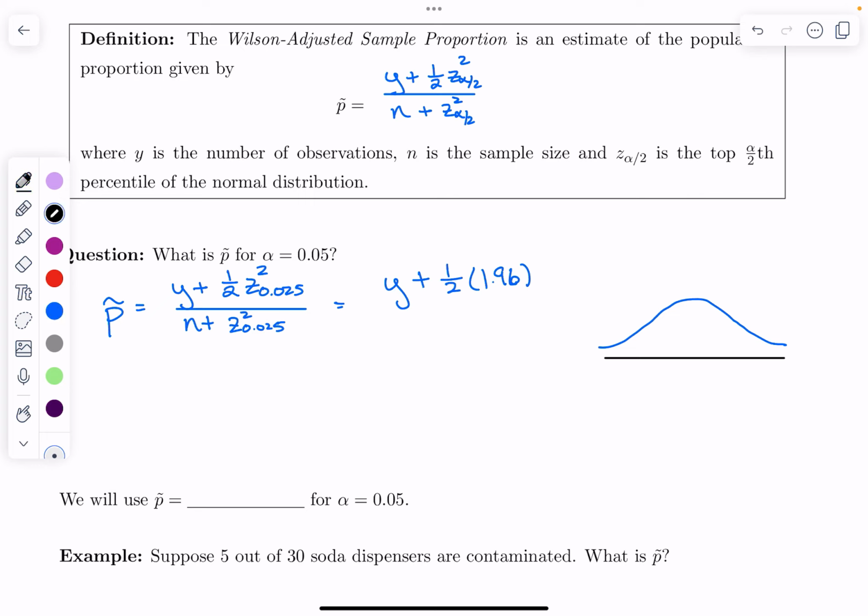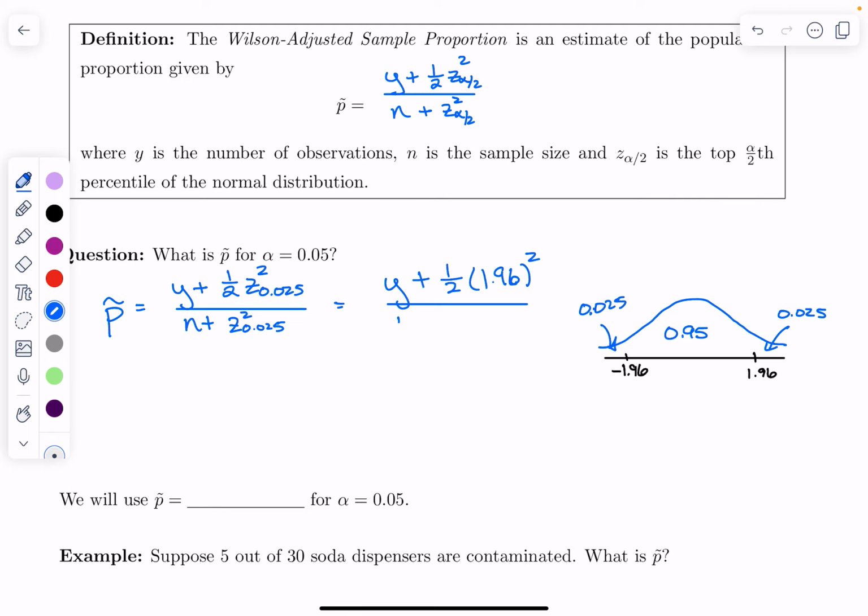We saw before that at 1.96 and say negative 1.96, we can define the middle 95% of the normal distribution, which means above it is 0.025 and below it is 0.025. So in fact, let me put, instead of 95%, 0.95 for the area between negative 1.96 and 1.96. Okay, so that's the top 2.5 percentile of the normal distribution.